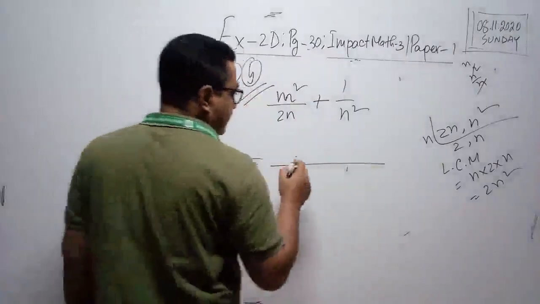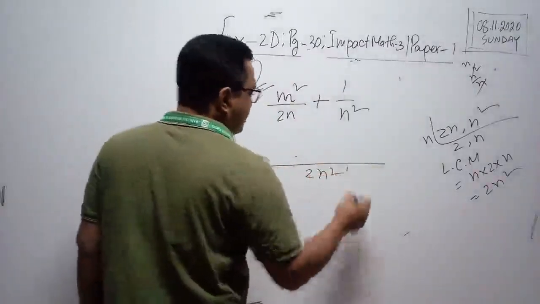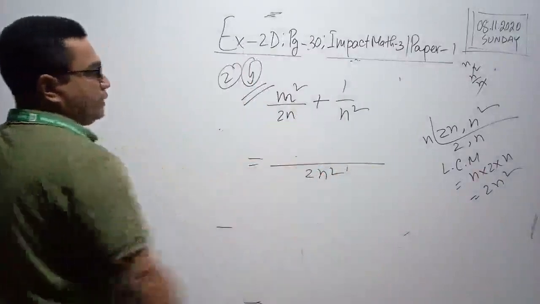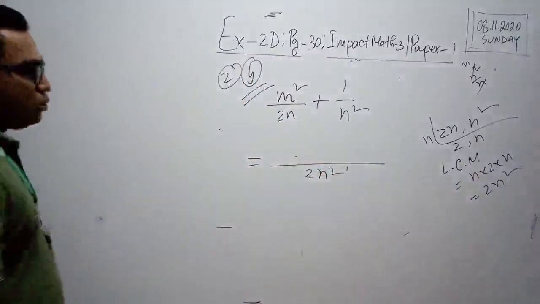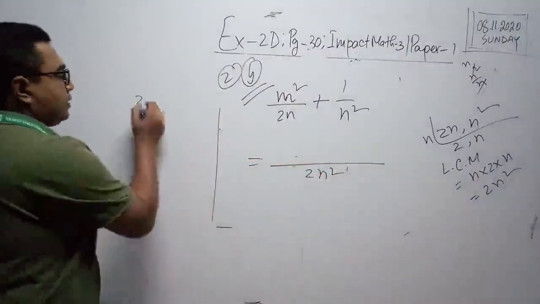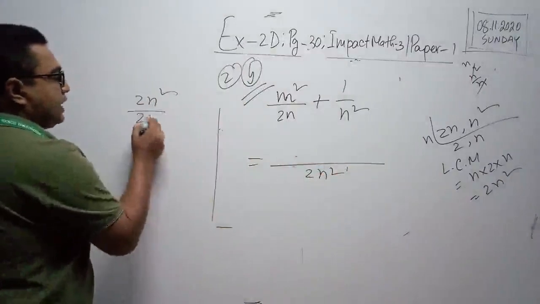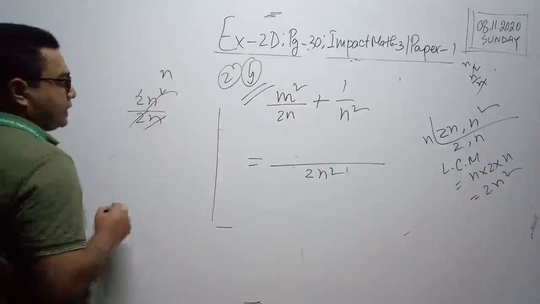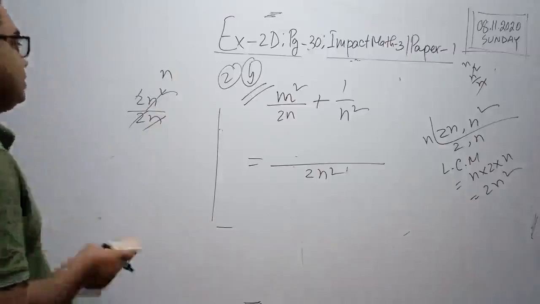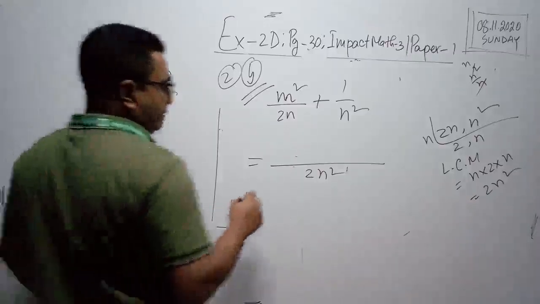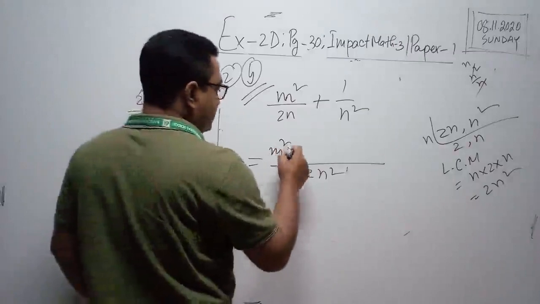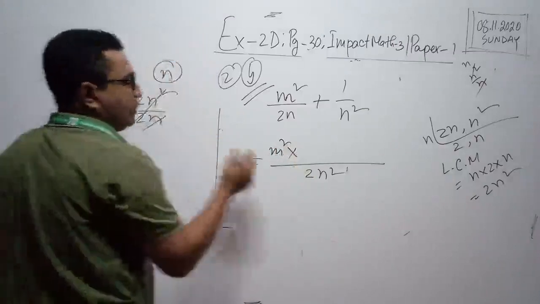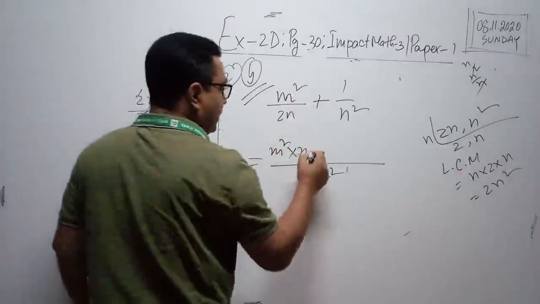Now what is the LCM? 2n square. 2n goes into 2n square: 2n square divided by 2n is n. Now that n will be multiplied with the numerator n.